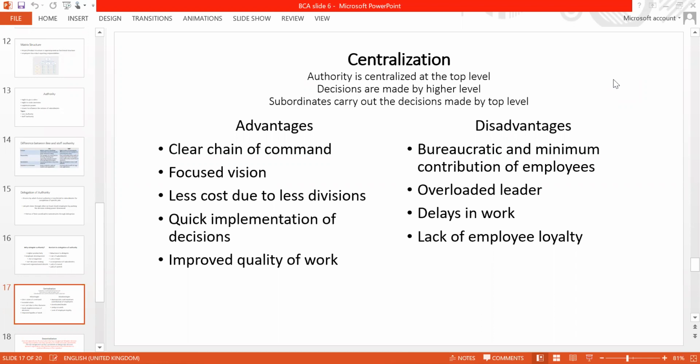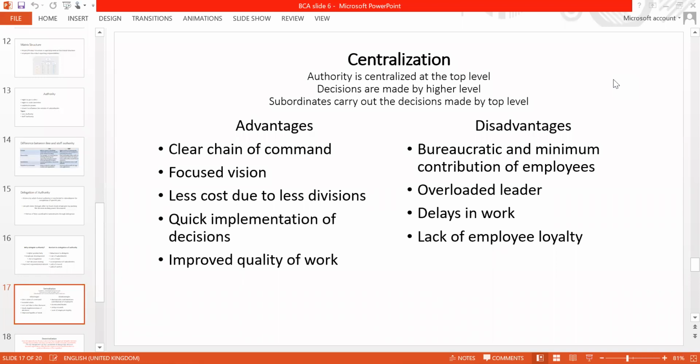And when you have the centralized structure, the top level managers take the decisions. Top level managers have the vision, a long-term vision, and on the basis of their vision, decisions are taken. So they are very focused on where we want to get to in these many years. And when you have this centralized structure, you are not having too many divisions.